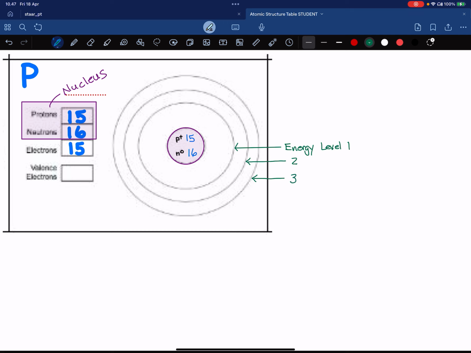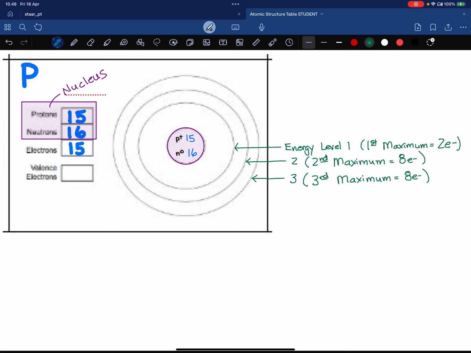Now, the way that atoms are structured, the first energy level can hold a maximum of 2 electrons. The second energy level can have a maximum of 8 electrons, and the third energy level will have a maximum of 8 electrons.